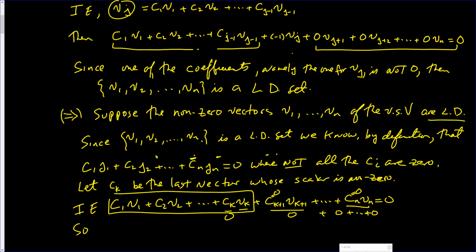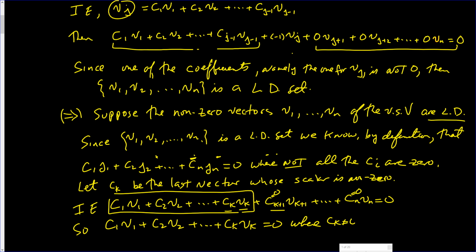Well, what do you add to all zeros to get 0? 0. So C1 V1 plus C2 V2 all the way up to Ck Vk equals 0, where C sub k is not 0.